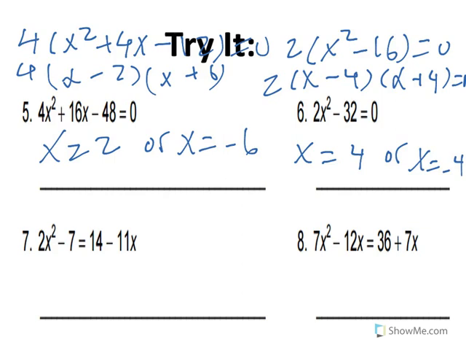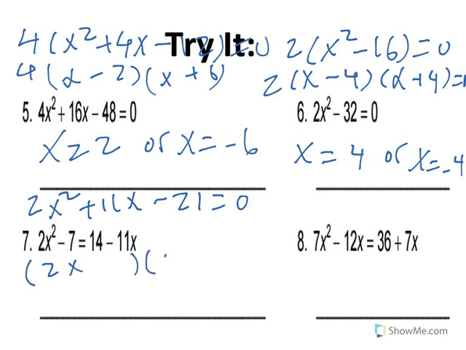And for number 7, this gives us 2x squared plus 11x minus 21 equal to 0. So the factors are 2x and x. We need a negative 21 and a positive 11.